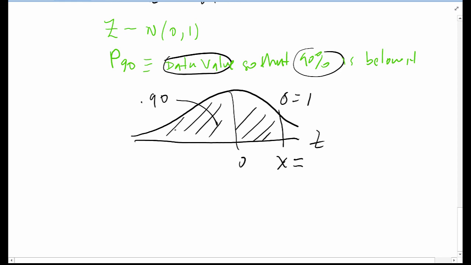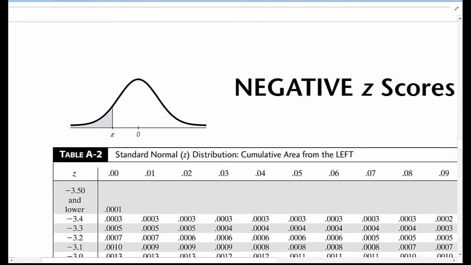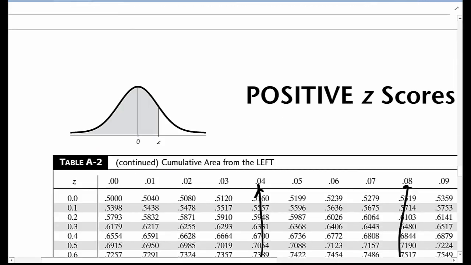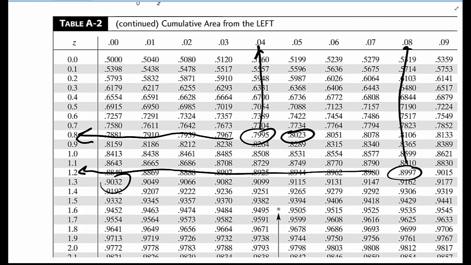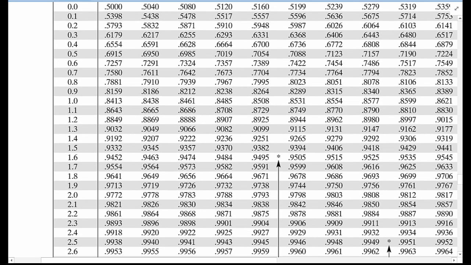So we go to the positive table, but instead of looking for an area, we are given the area. So let's erase all this that I have here already. Now they're telling us that the area is 90%. So we go to the area section and we get to the closest that we can get to 90%.